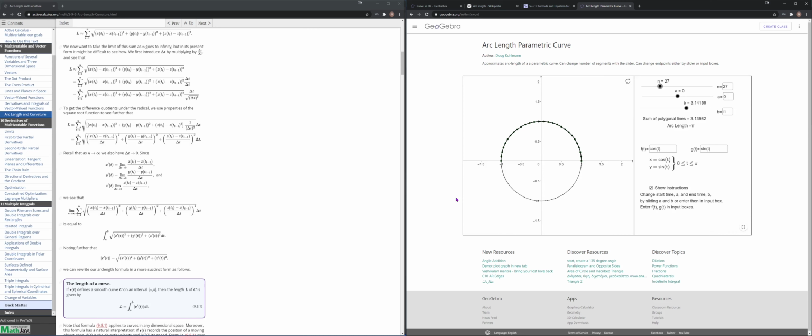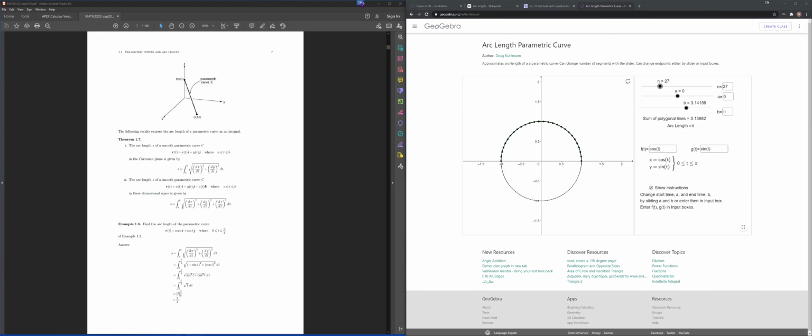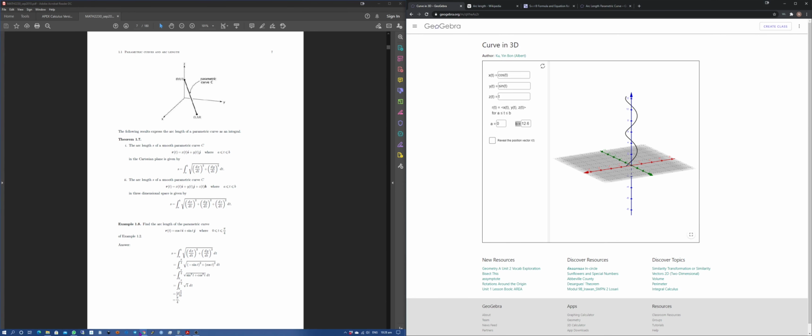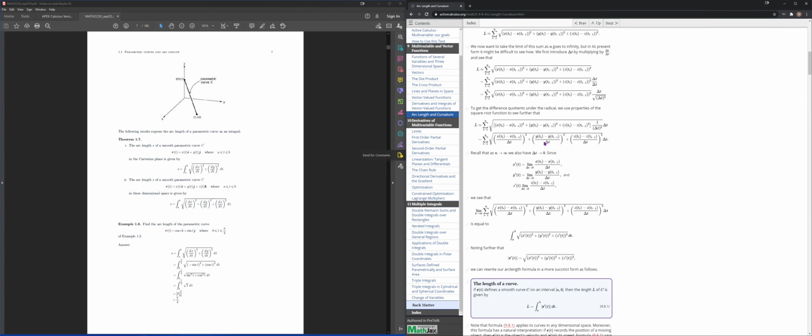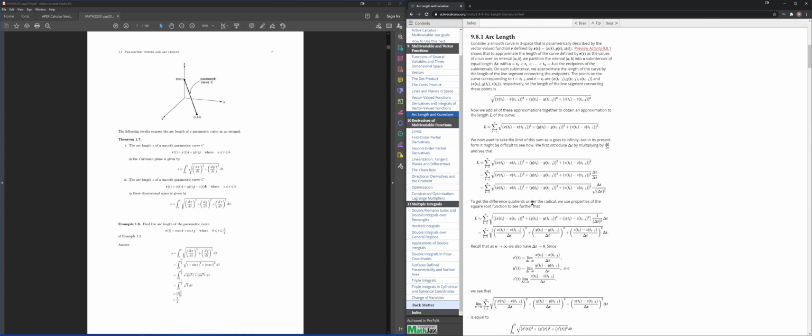So the formula that we have here really comes from this sort of proof, which is an approximation, by using approximations.